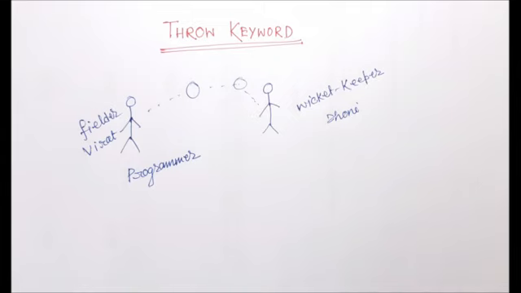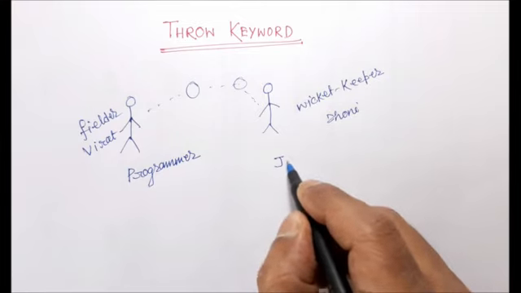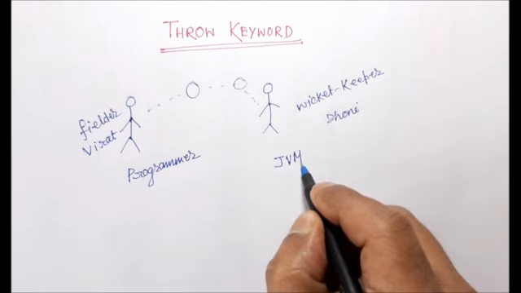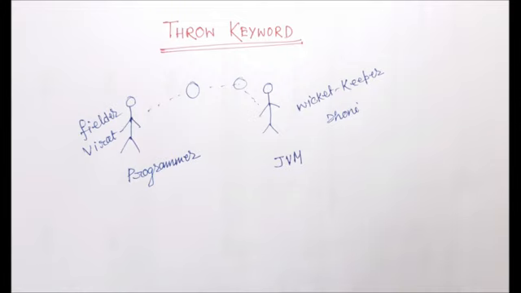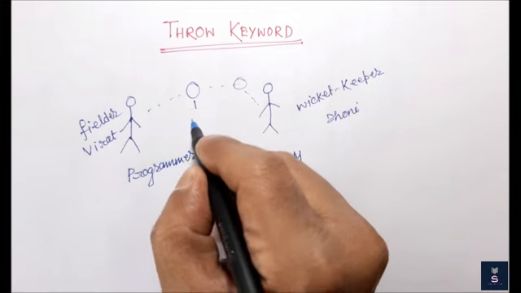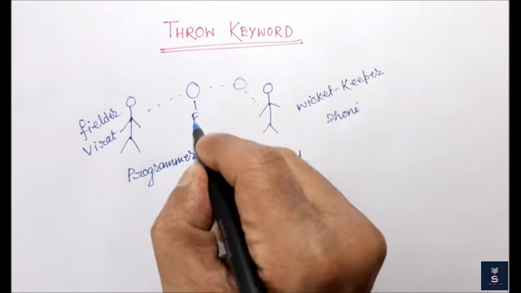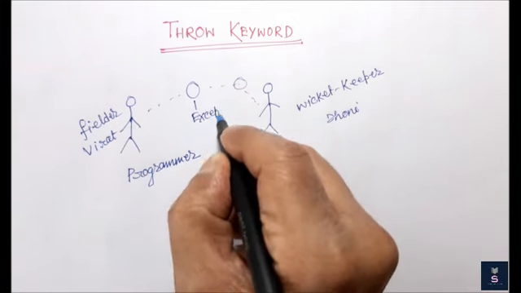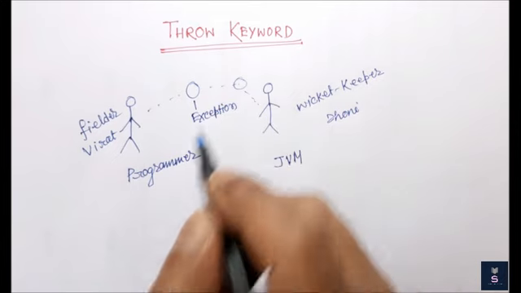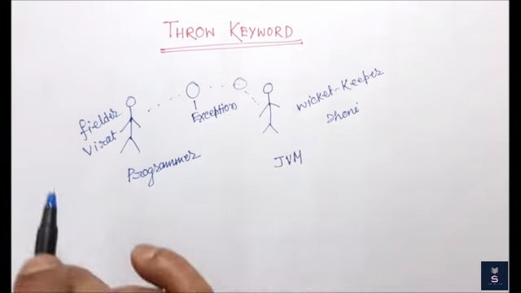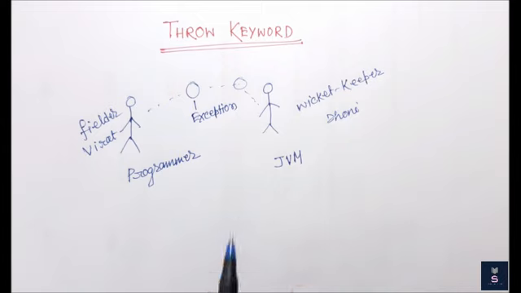So in a Java program, we can think of that as the JVM. So the programmer is going to throw something, but it's not a ball. If I compare, it's an exception. So whenever a programmer throws an exception, the JVM is going to catch it.